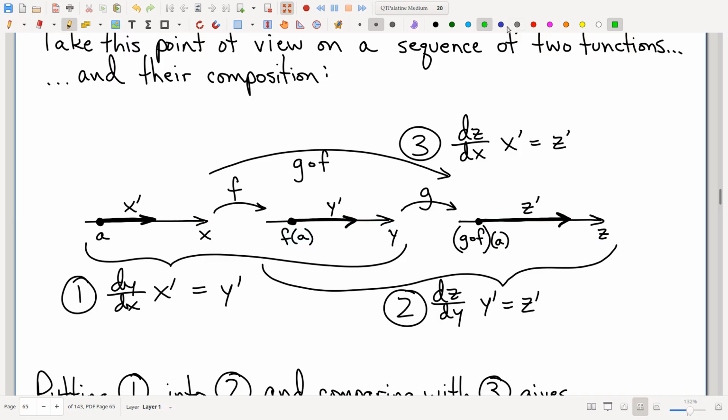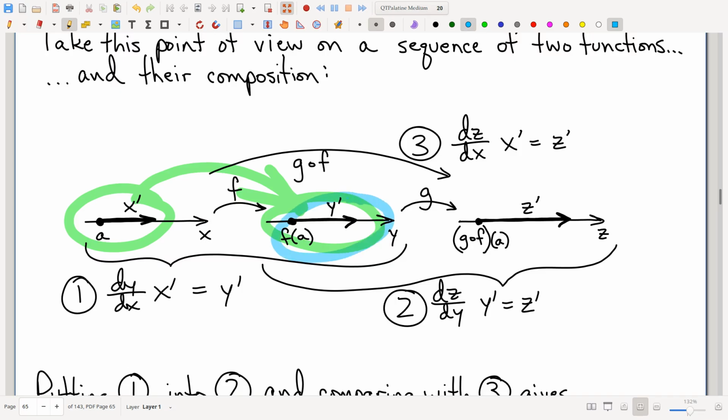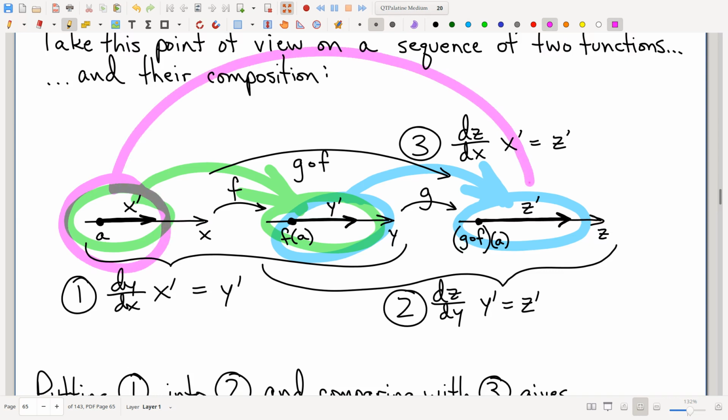F prime is the factor that you multiply by there. G prime is the factor that you multiply by there. And the derivative of the composition is the factor that you multiply by there.